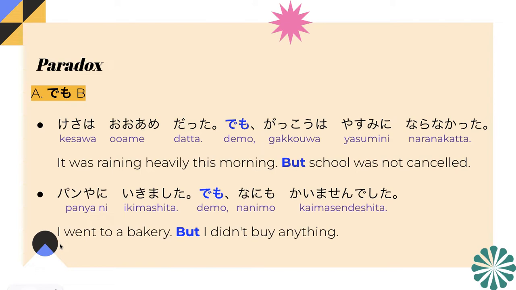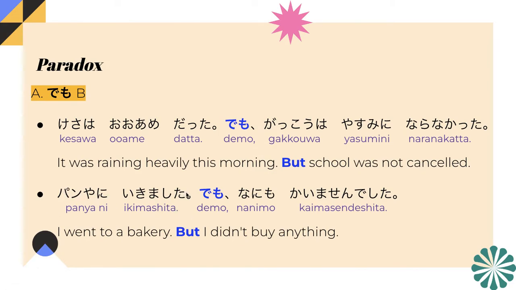The second one, it says, I went to a bakery, but I didn't buy anything. To say this in Japanese, it would be パン屋に行きました。でも何も買いませんでした。So in this case, statement A is I went to a bakery.